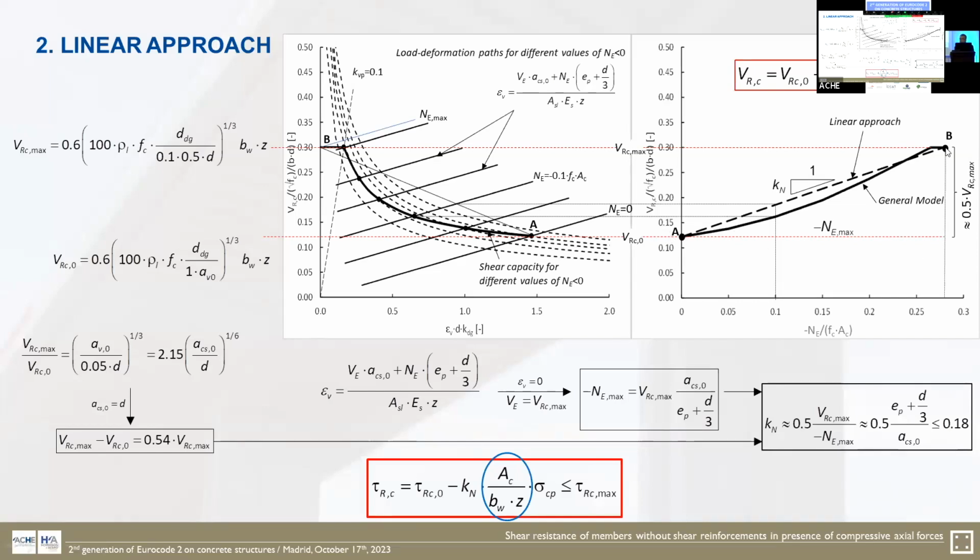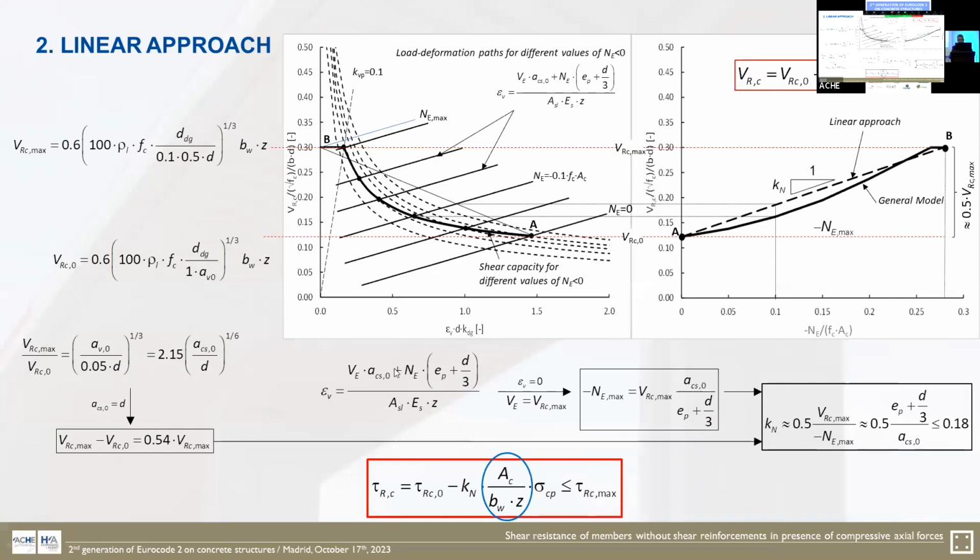Since this difference of the shear resistance is about 0.5 times the maximum shear resistance, the Kn, this slope, can be expressed by a function that depends on the eccentricity of the axial load to effective depth ratio and the effective shear slenderness without considering axial force.